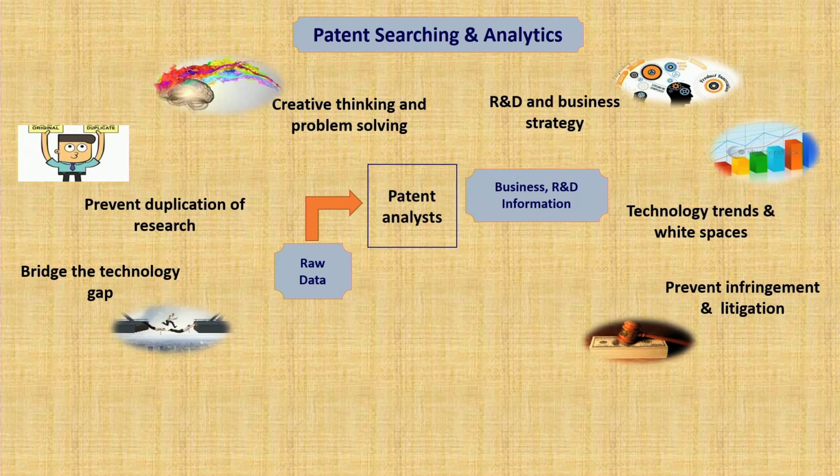Hence, it is always suggested to do patent analytics, especially if you are doing any commercial activity in that technology. You may never know that the technology might be already patented by someone else. Thus, to avoid infringement and litigation, it is necessary to do patent analytics. Please see the example.